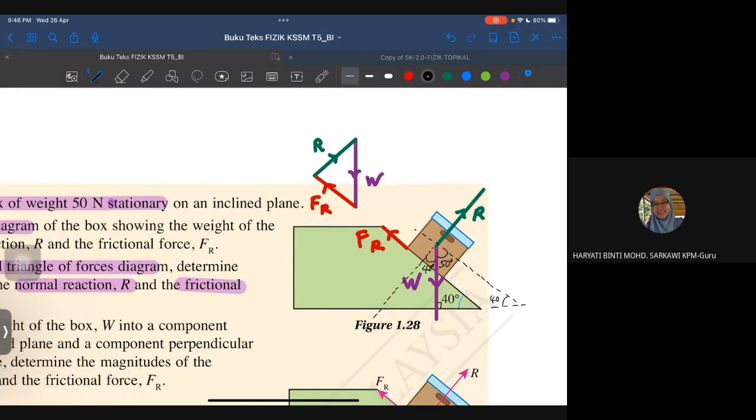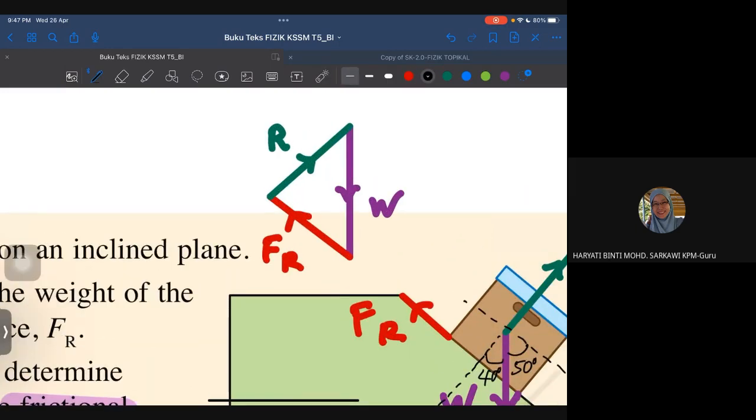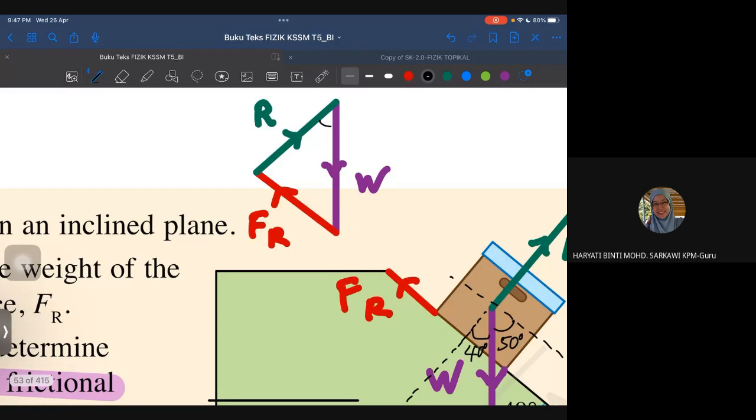So look at the diagram that we have drawn. I just continue this. It means this will be the same direction as your R, right? So here, this angle is 40. Can or not?